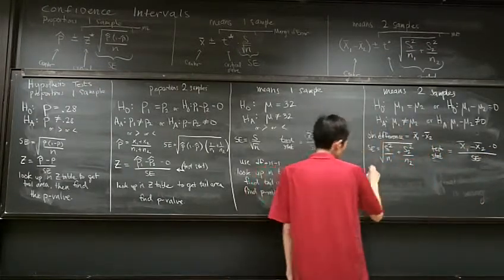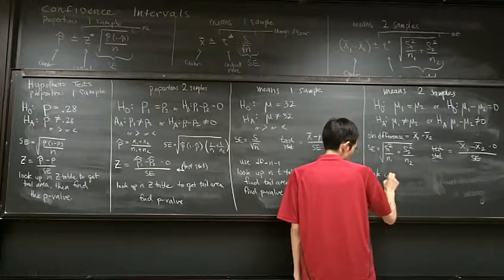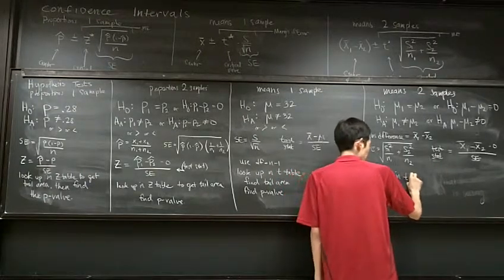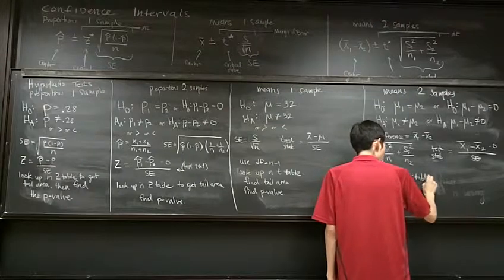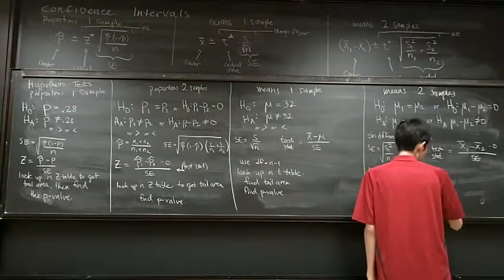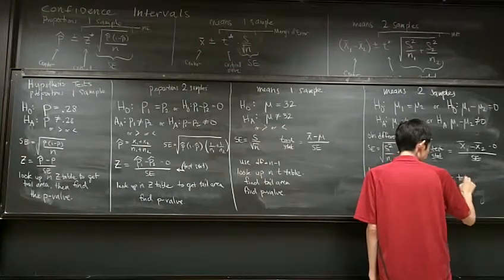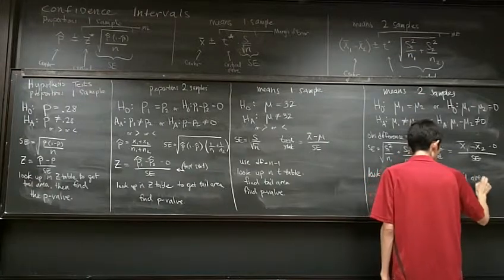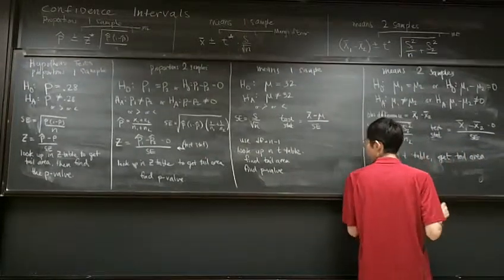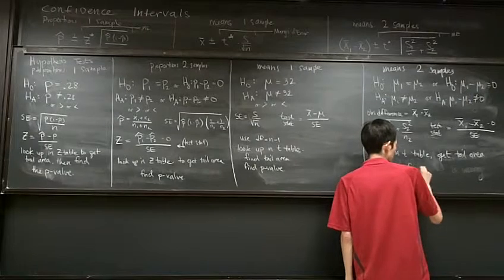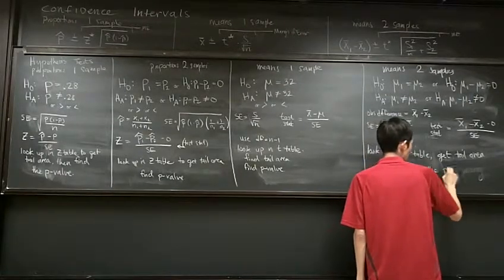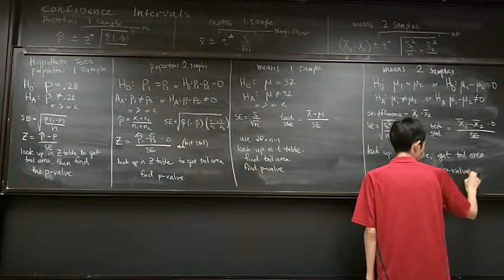Look that up in the t-table to get the tail area, and find the p-value.